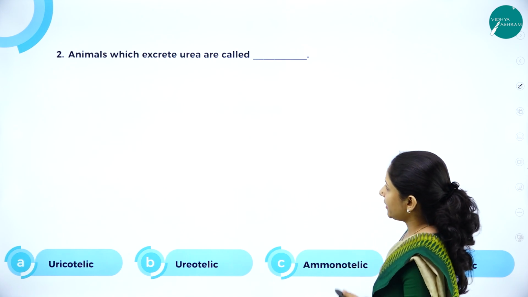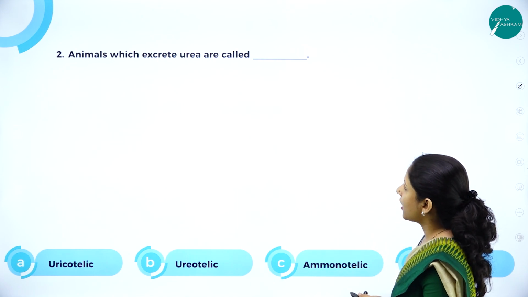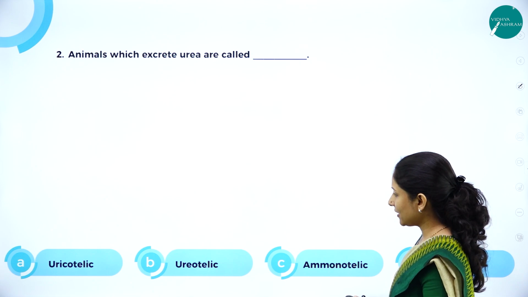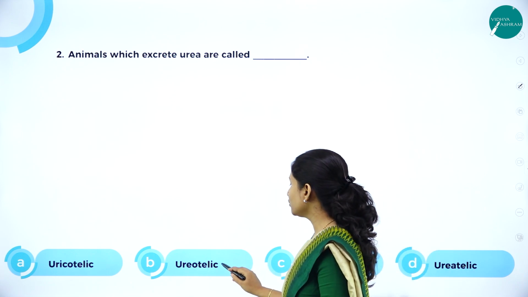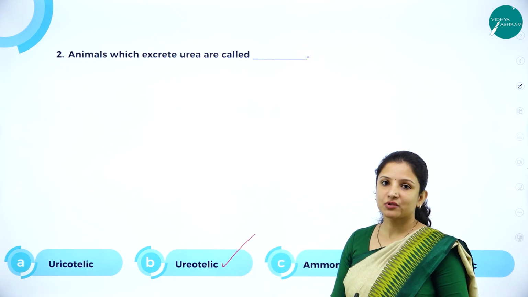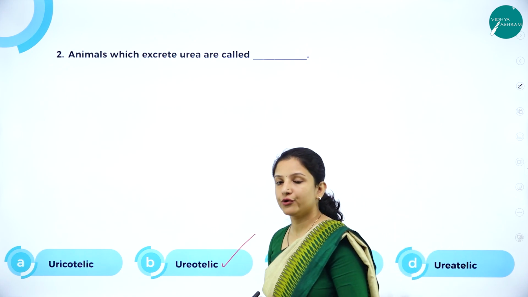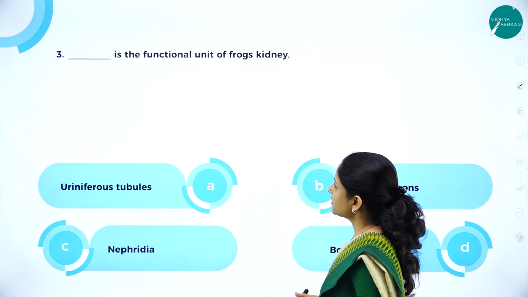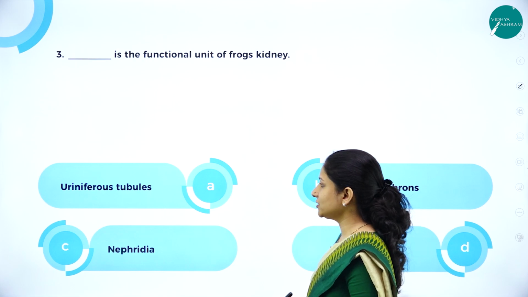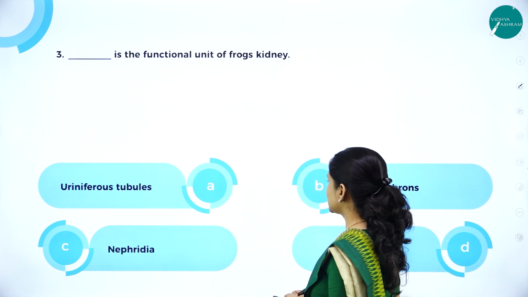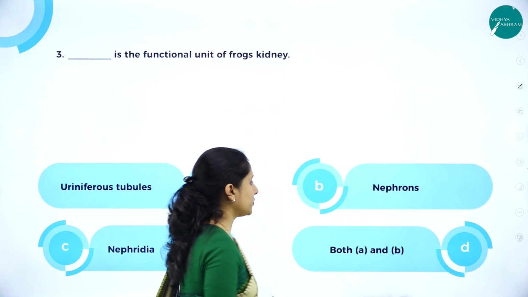Next question. Animals which excrete urea are called uricotelic, ureotelic, ammonotelic, or ureatelic? The answer is ureotelic. Next question. Dash is the functional unit of frog's kidneys: uriniferous tubules, nephrons, nephridia, or both A and B?